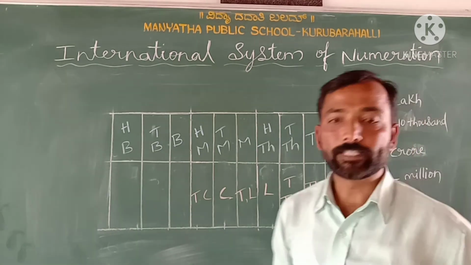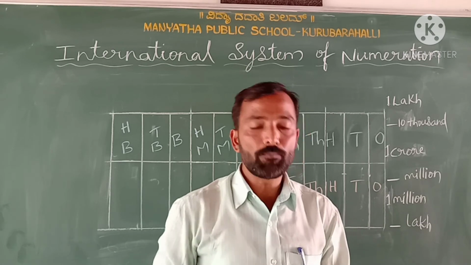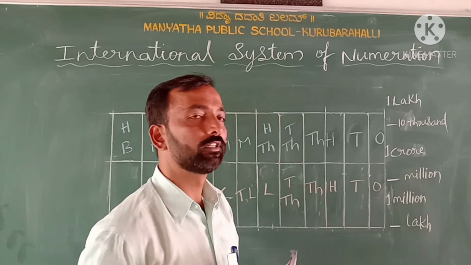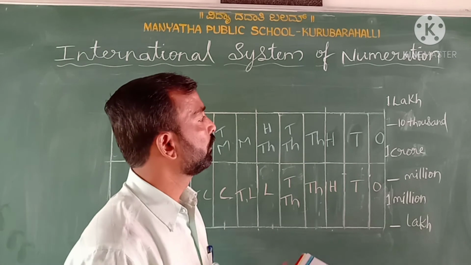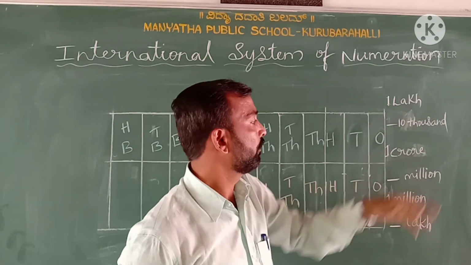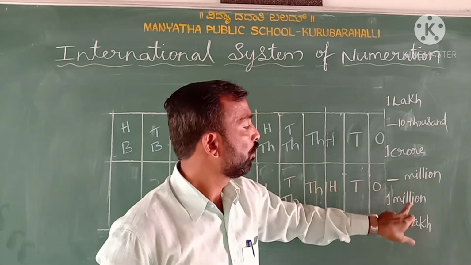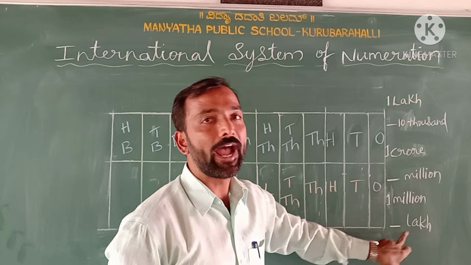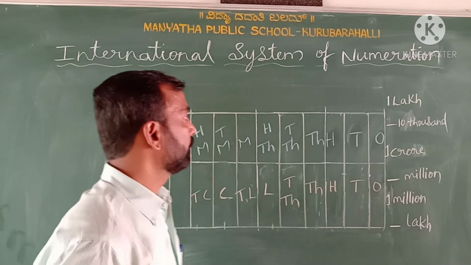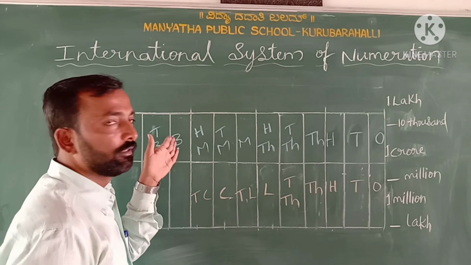In exercise 1.1, first, fill in the blanks. The problems are like this. 1 lakh equals dash 10,000. 1 crore equals dash million. 1 million equals dash lakh. I wrote both place value tables here.